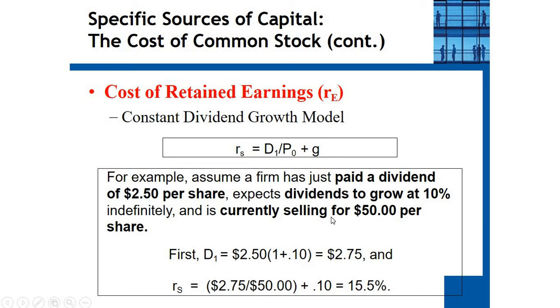The current selling price of this stock is $50. Based on this, the cost of retained earnings is next year's dividend of $2.75 divided by $50, plus the growth rate of 0.10. So the cost of retained earnings for this firm is 15.5%.